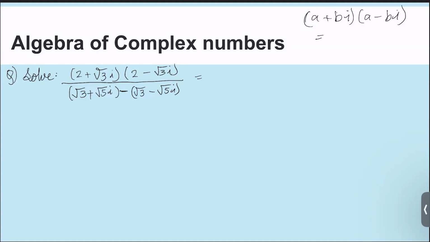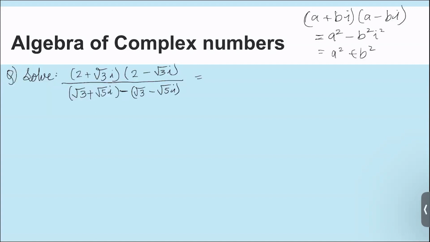If you remember, we have seen that you can apply the identity directly to such expressions. So this would be in terms of a squared minus b squared i squared. Now, since i squared is minus 1, this will in turn become a squared plus b squared. So in this identity form, we can convert the numerator.